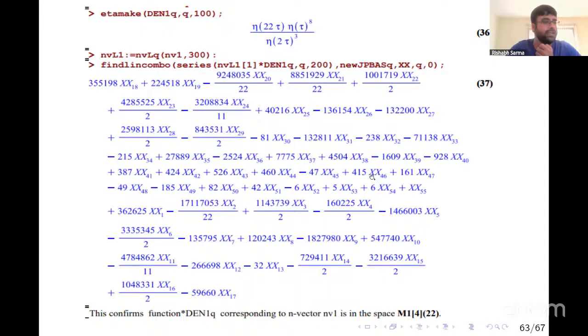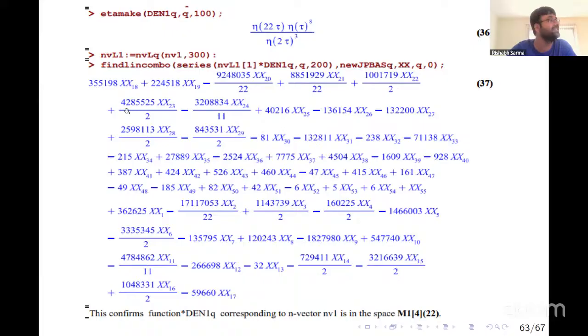This is not a refined example. Through some more calculations, we are able to obtain integer coefficients instead of rational numbers over here. But of course, once again, this involves a lot of experimentation in Maple. I owe this to the Maple package of Professor Garvan.